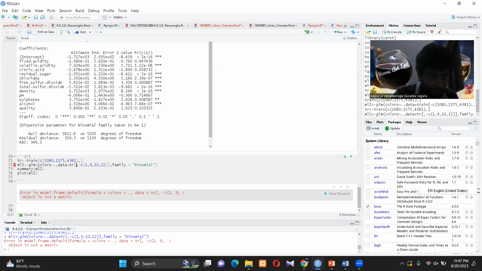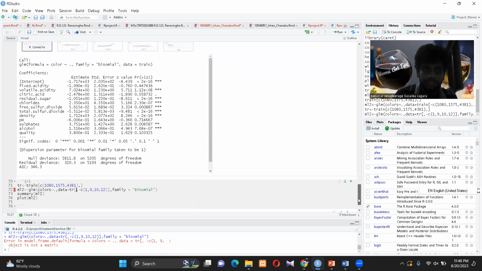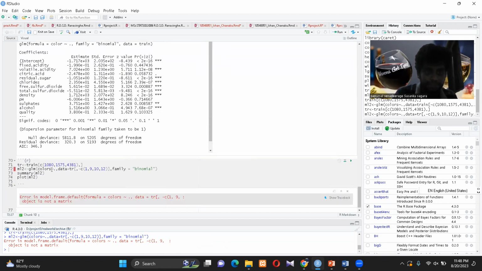What's wrong with it? Colors object is not found. GLM formula colors. Isn't there any attribute as color? Yeah, actually, there was a spelling mistake, right?